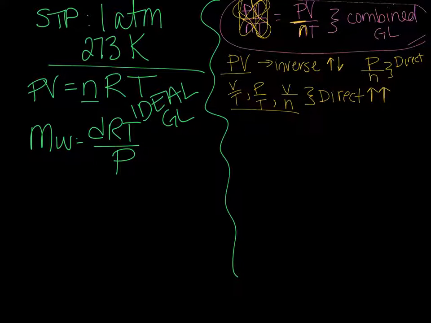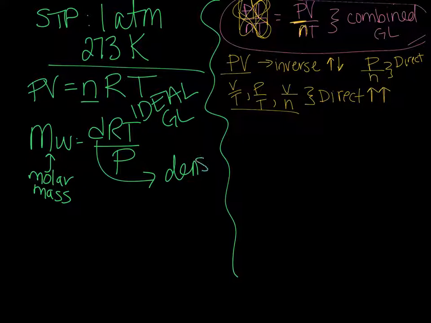What was the MW standing for? Molar mass, molecular weight. And then D was what? Density, which was what in disguise? Mass over volume, right? All right, so you had all those.